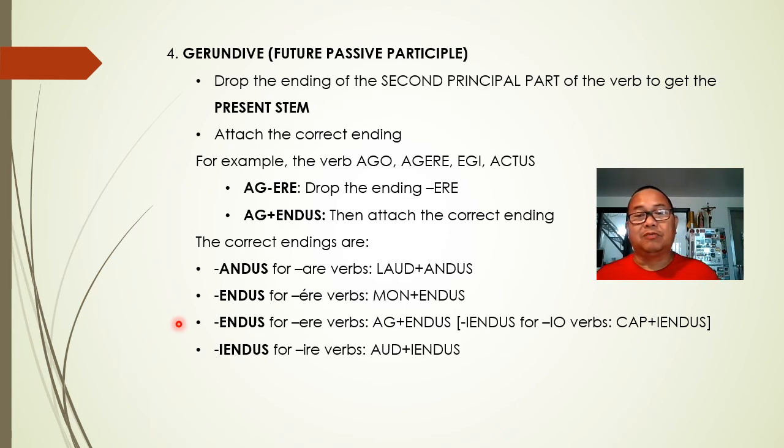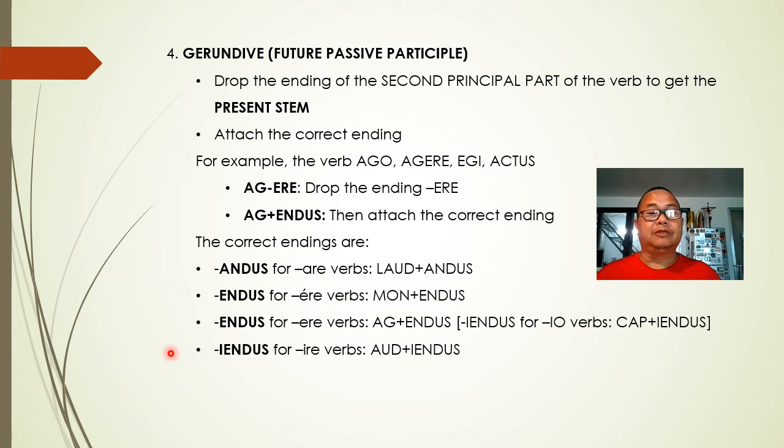For the special group, capio, capere, drop the ere, you will add iendus. So, capiendus. Not capendus, okay? But capiendus. Many of my students always make mistakes with capiendus, with the IO verbs of the third conjugation.